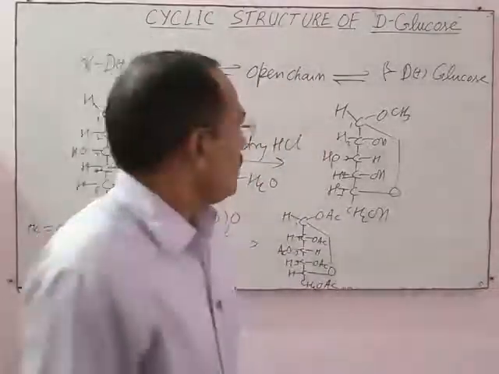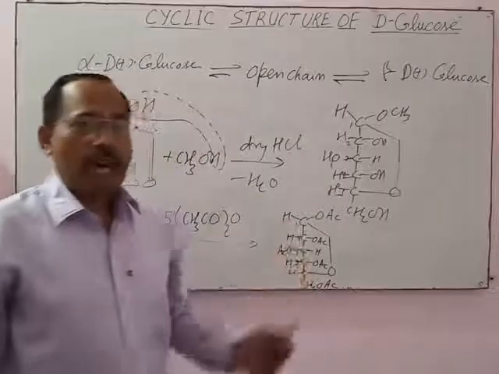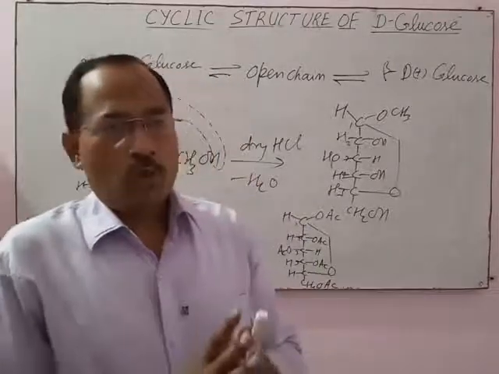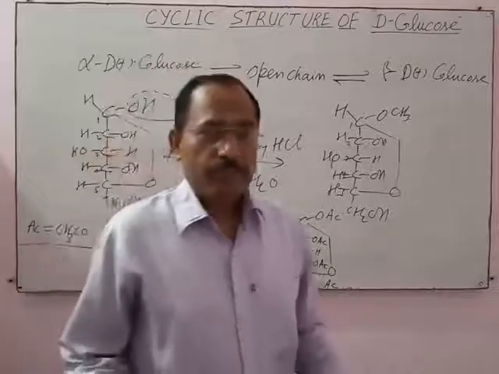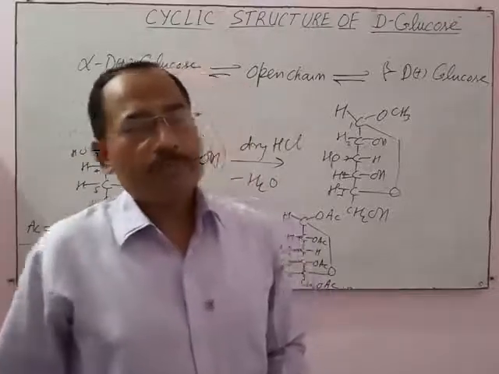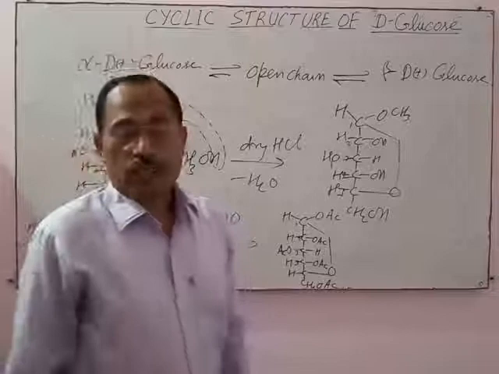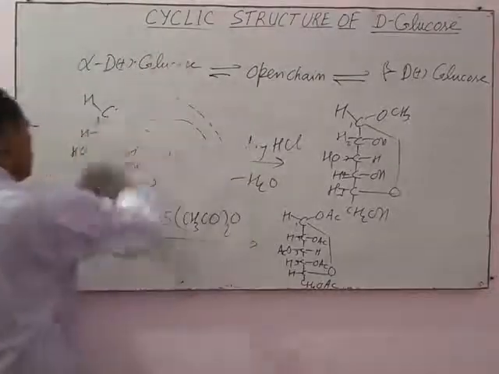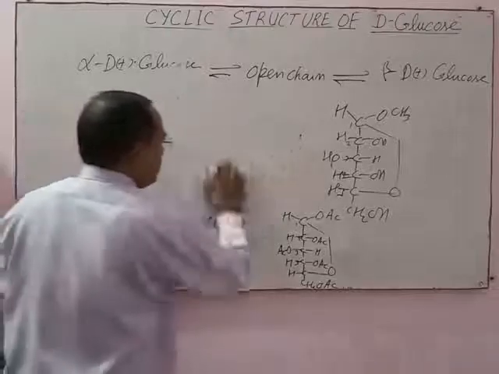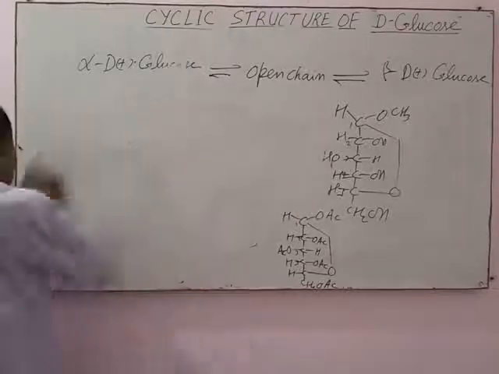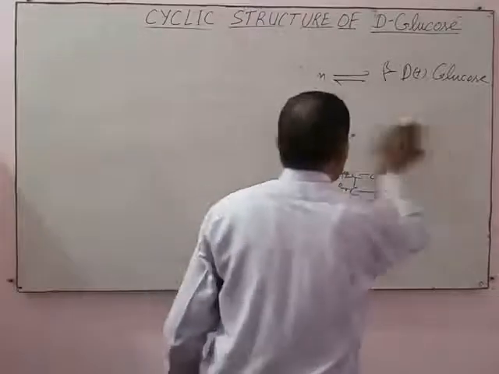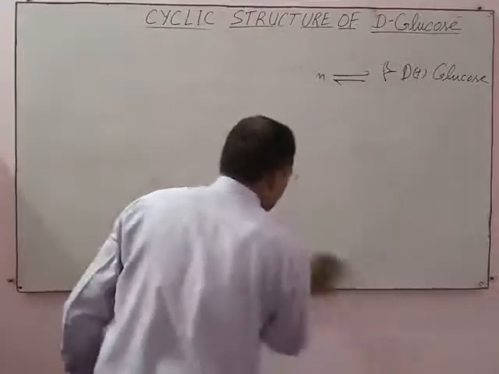So these are the limitations and their explanation of the open chain structure and the prediction of the cyclic structure of glucose. Now about the characteristic reactions of glucose which prove the cyclic structure of glucose.